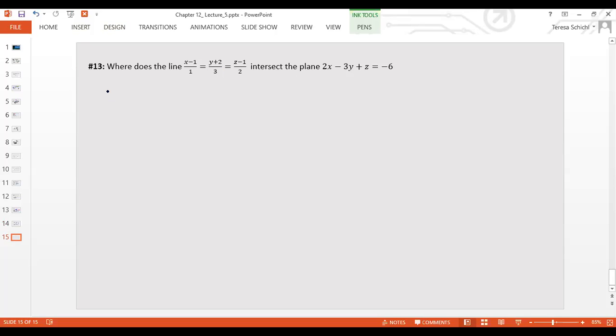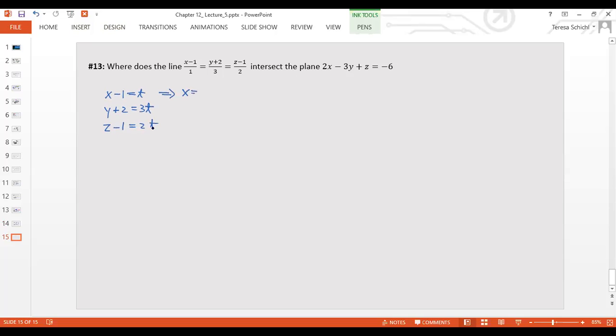So that means x minus 1 equal to t. Then y plus 2 equal to what? 3t. And z minus 1 equal to what? 2t. Did you see where I'm going?